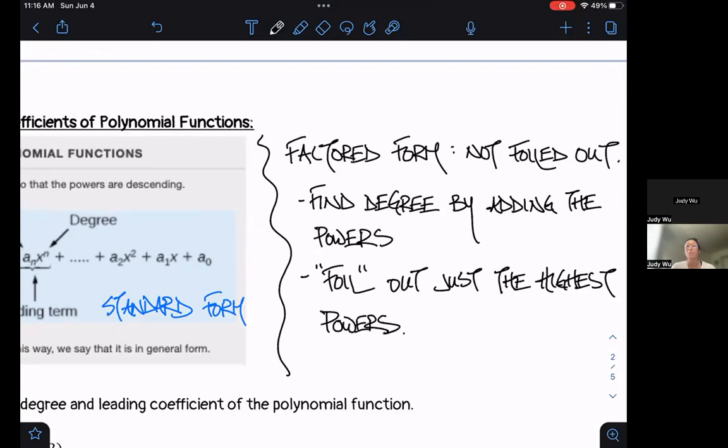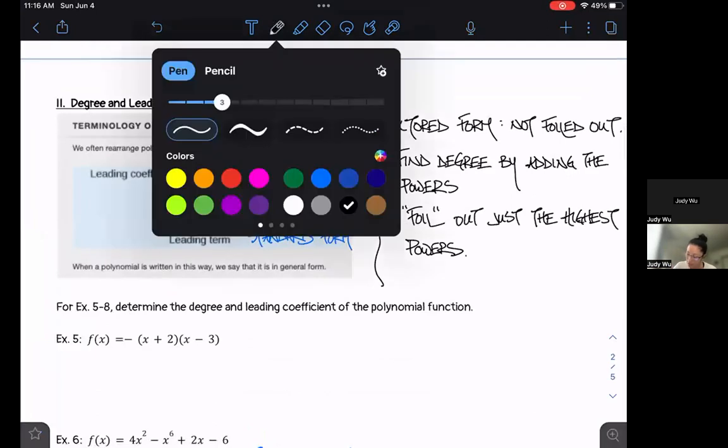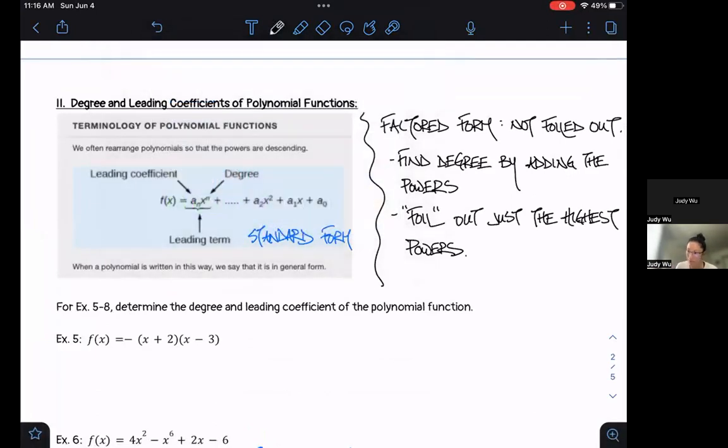By doing that, we're actually going to get our leading term. That's really the only thing we care about. We don't actually need to know what the rest of the polynomial in standard form looks like. We just need to know about the one with the highest power. Okay. So let's take that information and let's take a look at example 5 and example 7.